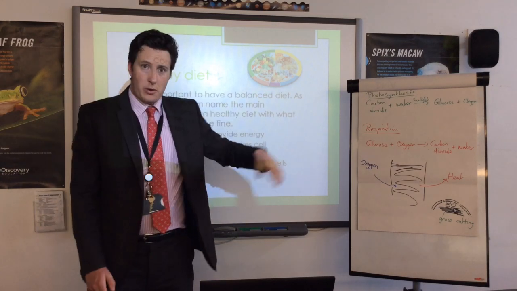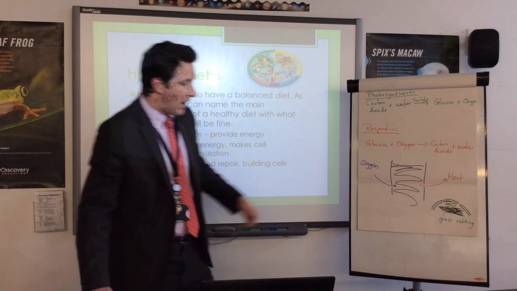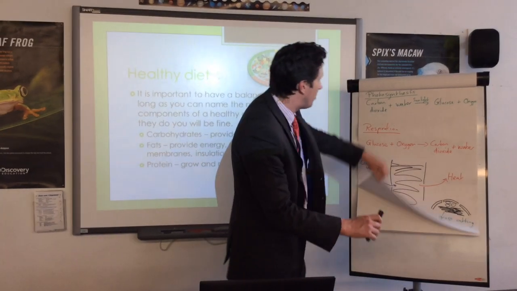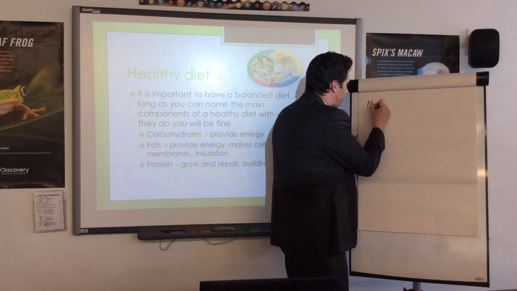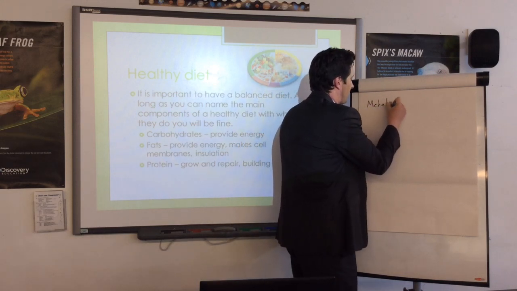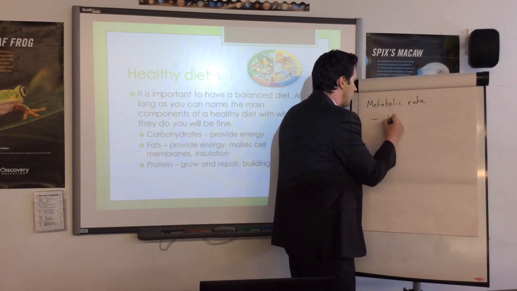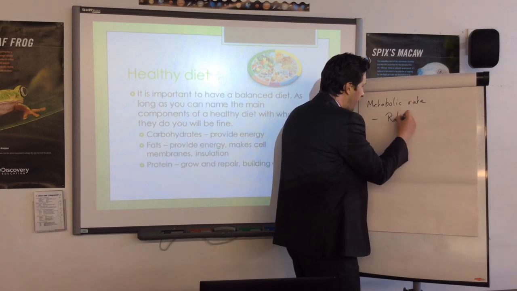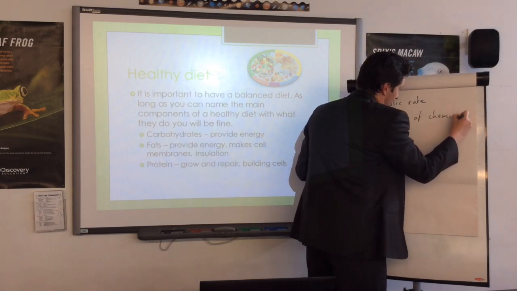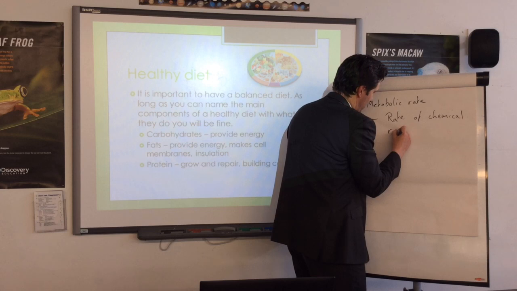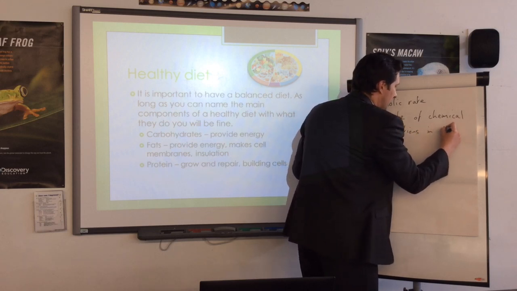Whether you're under or overweight can be affected by your metabolic rate. And the metabolic rate is how fast the chemical reactions in your body actually take place. So, metabolic rate. It's the rate of chemical reactions, or speed of chemical reactions in the body.